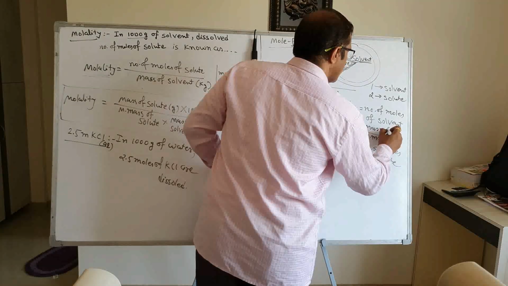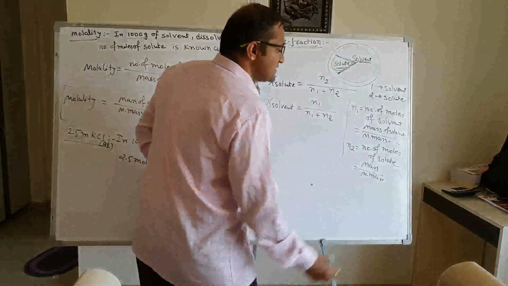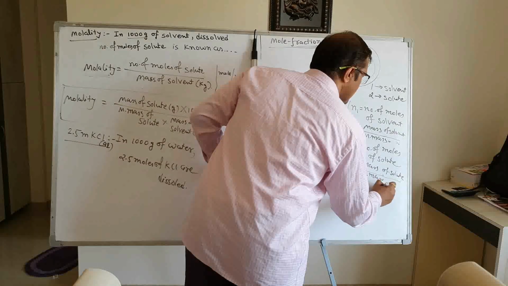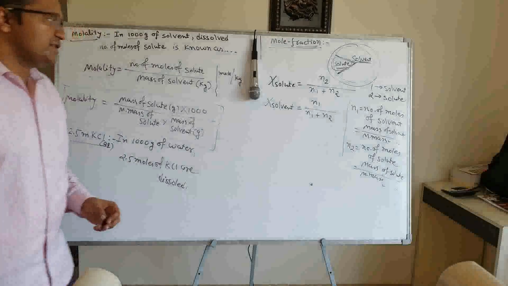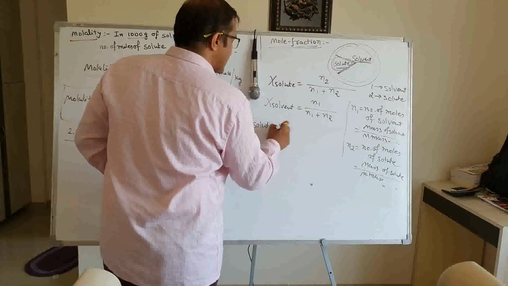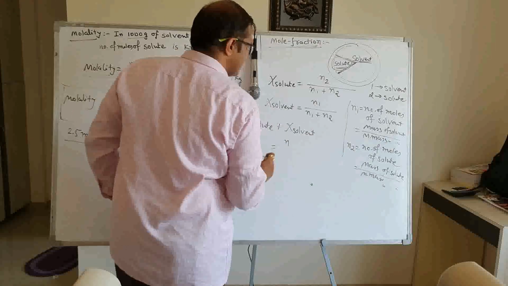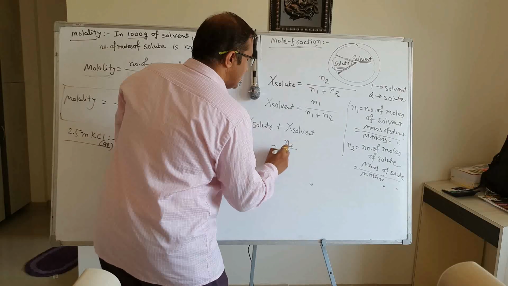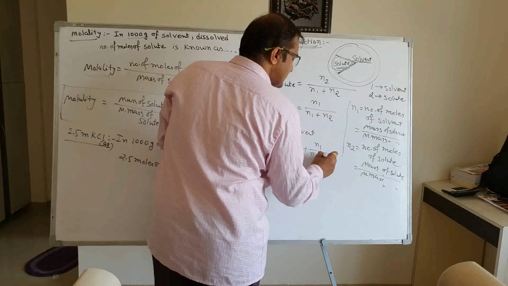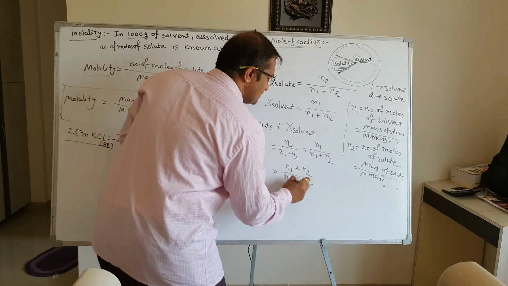Here mass of solvent divided by molecular mass of solvent, and mass of solute divided by molecular mass of solute. And remember this important term, X of solute and X of solvent. Their sum will be N2 upon N1 plus N2 and N1 upon N1 plus N2, so N1 plus N2 divided by N1 plus N2.